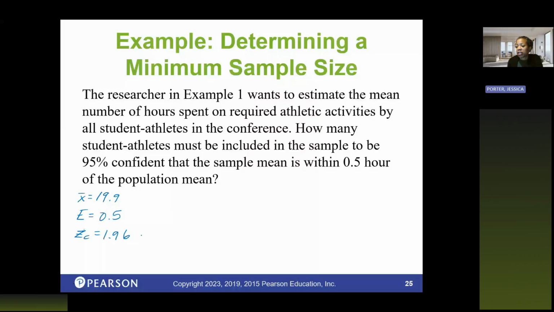And our population standard deviation was 2.4 for that sample. So I'm just going to plug all that in. N equals Z critical times the population standard deviation over the margin of error, and we're going to square all of that. So that means it's 1.96 times 2.4 all over 0.5 squared.